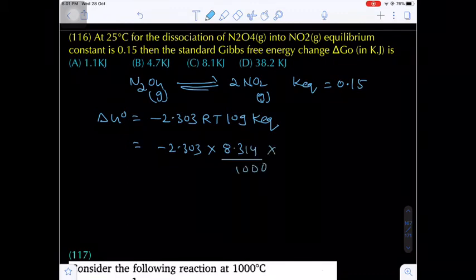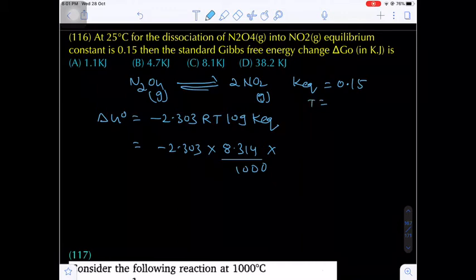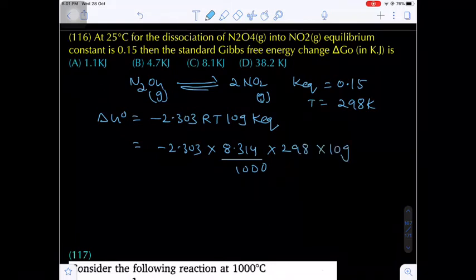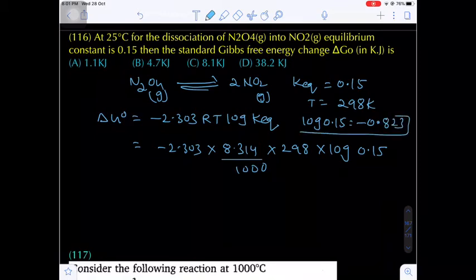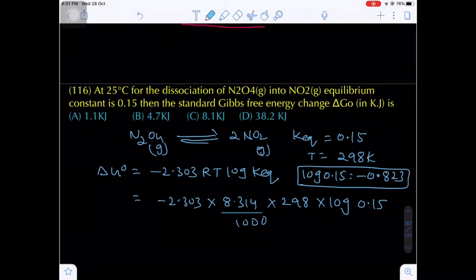The temperature given is 25 degrees, nothing but 298 Kelvin, multiplied by log of the equilibrium constant 0.15. The logarithm of 0.15 is equal to minus 0.823. This is very important. We have to know some logarithm values. How to find the log of 0.15 value?